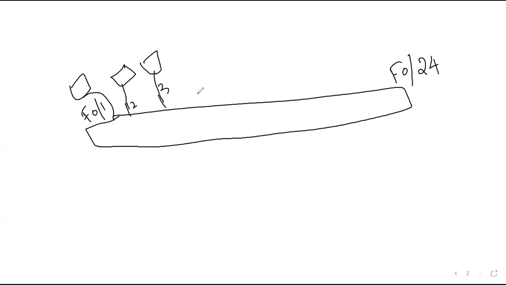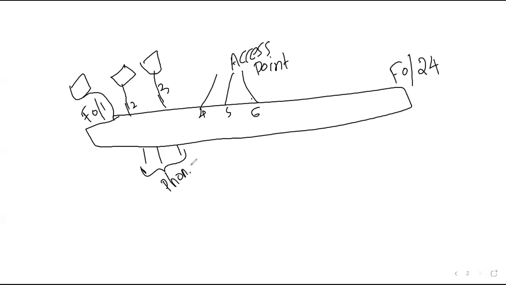Then 4, 5, 6 I'm using for access points for Wi-Fi, and a few for phones, and a few ports for servers. Based on what I need, I'm going to use the remaining ports for different services.